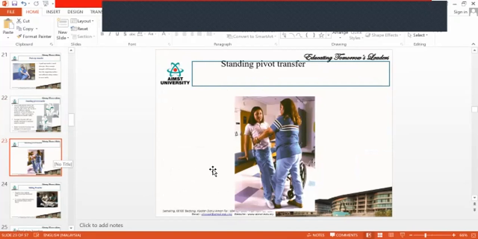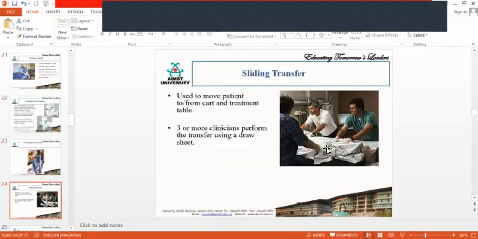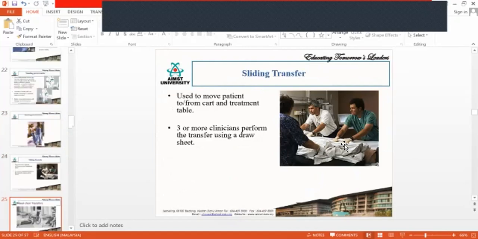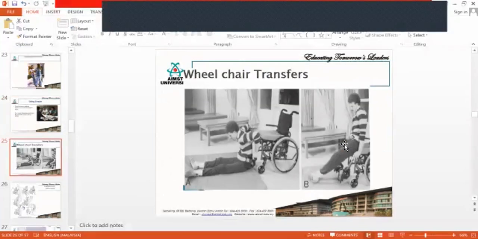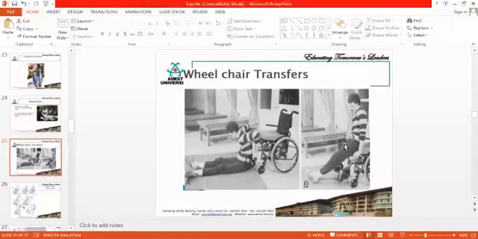So, as I said earlier, this is transferring using the bed sheet. So you can see three or more people will be helping you to get transferred. Okay. So next is wheelchair transfer. So this again you can teach the person how to get transferred from the floor to the wheelchair.